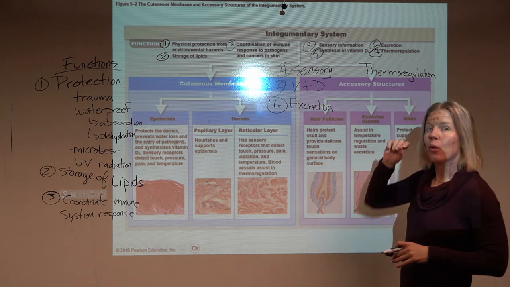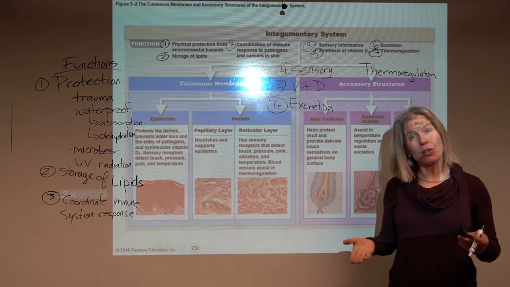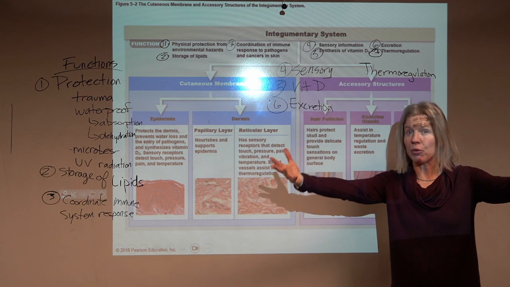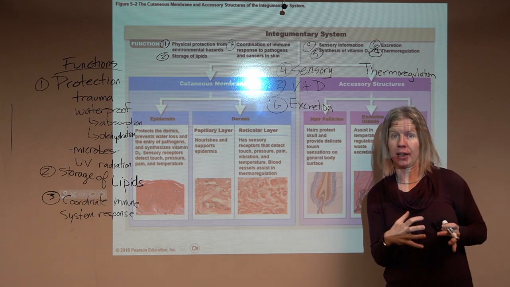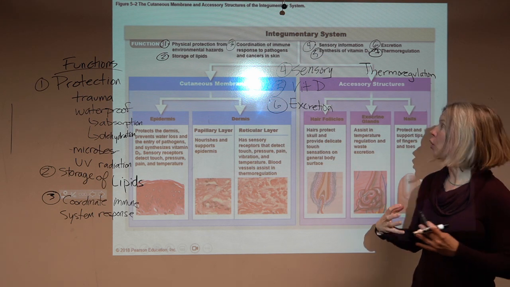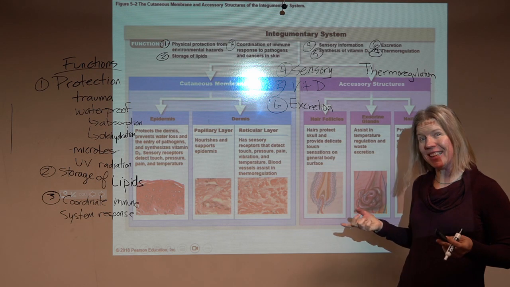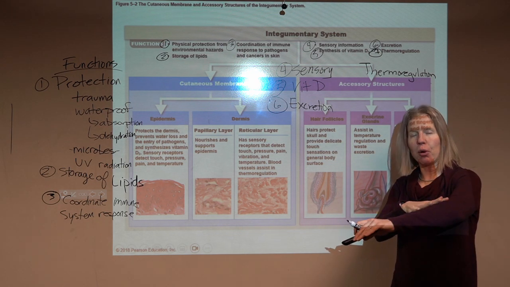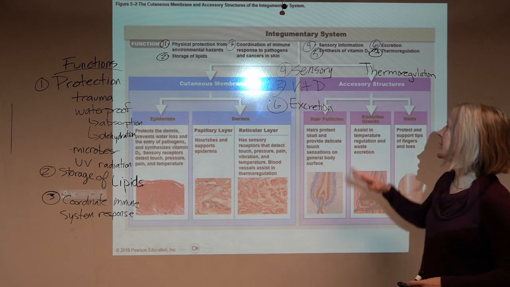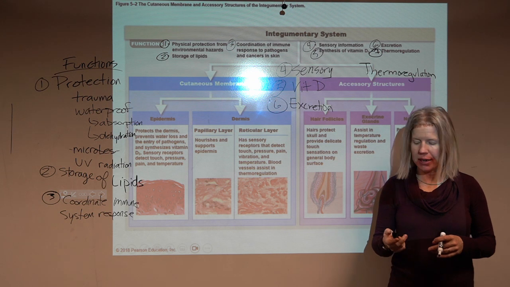We'll also see that we can constrict or dilate blood vessels in the dermis to bring blood flow to the skin if we're trying to dump heat, or we can constrict them if we're trying to secure that warmth in the core. And then also we'll talk about our sweat glands, where you can put that sweat on the surface of your skin and get evaporative cooling. So there's lots of different ways the skin is involved in the regulation of body temperature.